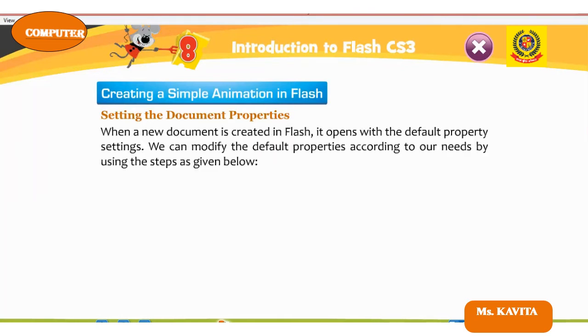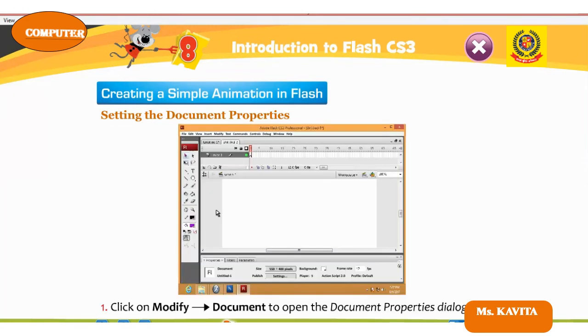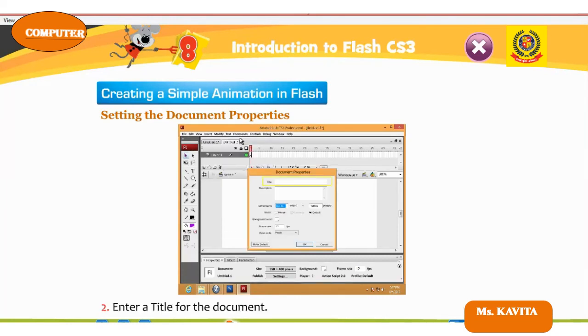Enter the title of the document, enter the description about the document, specify the size of the stage, select a color for the stage background, then specify frame rate. Click to make these settings as the default settings so that they are applied automatically to all the newly created document. Click on the OK button to set the properties and close the dialog box.